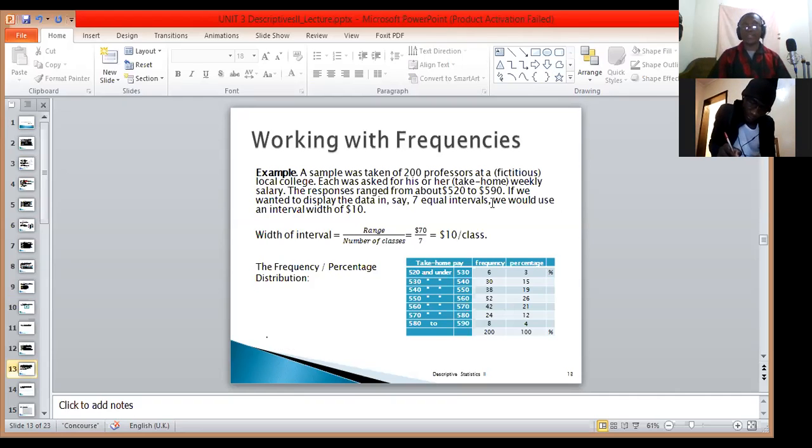In a frequency distribution, one thing that I need to emphasize is the difference between a range and the interval width. Most of the students confuse the two. The range is not the same as the interval width. These are two different things.